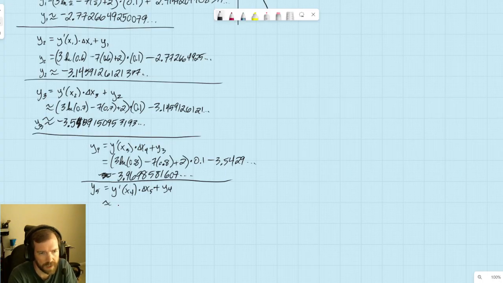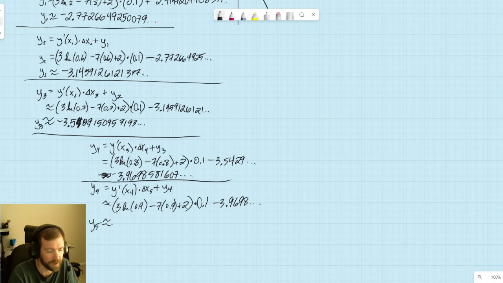Okay, which is again going to be 3 natural log 0.9 minus 7 times 0.9 plus 2 times 0.1 minus 3.9698, and so y5, finally we're there, is going to be that previous number plus 0.1 times y1 at 0.9.